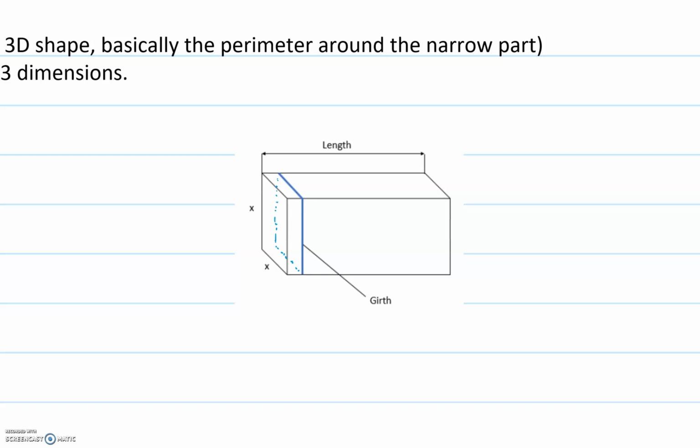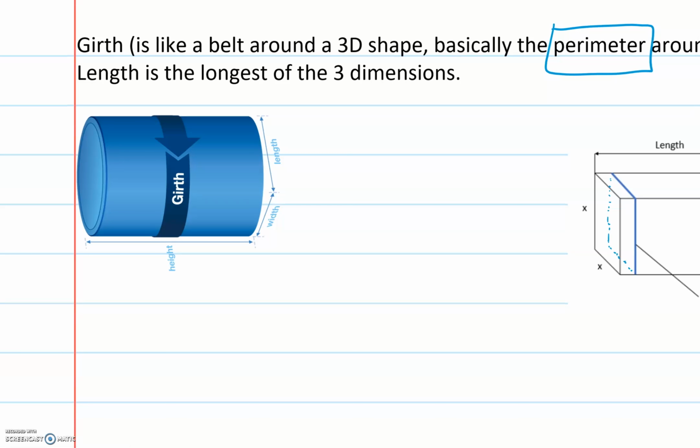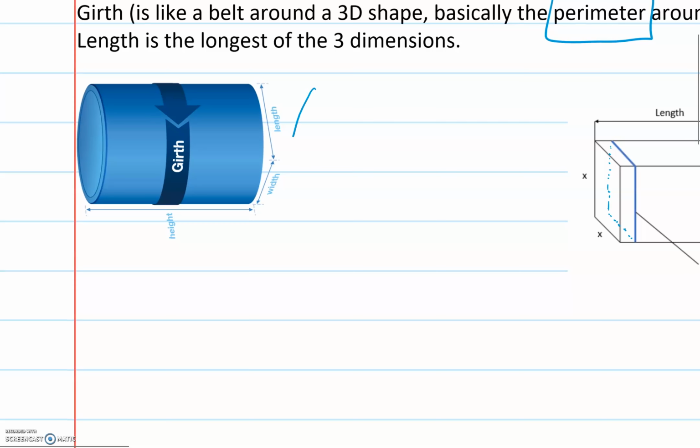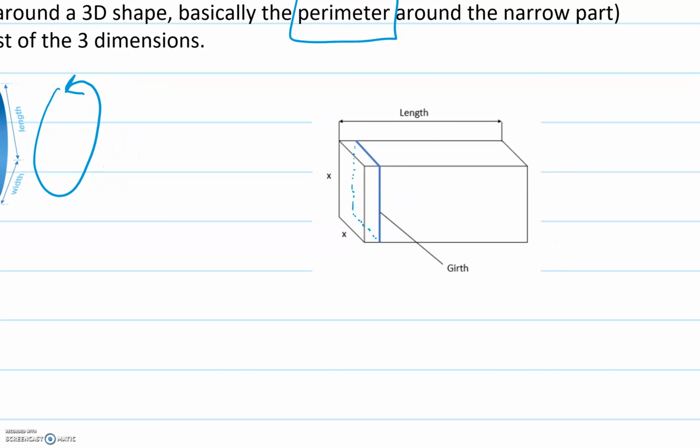So girth is pretty much the perimeter, like in the last few units, or topics that we've been talking about, the perimeter around our shape, or around the narrow part of our shape. So whatever part's the narrow part, it's the perimeter around it. So in this case, it would be the circumference of our cylinder. But in our unit, normally we're going to be talking about rectangular prisms, in which case it would be the perimeter going around our shape.